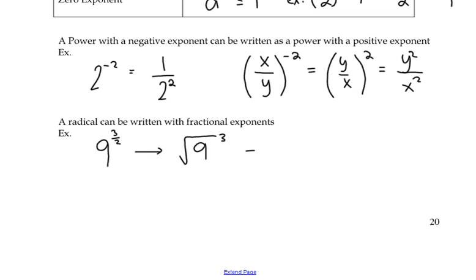Square root of 9, it's always easier to make it smaller first and then bigger. So square root of 9 is 3. 3 cubed is 27. Yeah, you got it. Okay, and that goes both ways. You can change a radical to a fractional exponent or a fractional exponent to a radical. All right, see, that wasn't so bad.